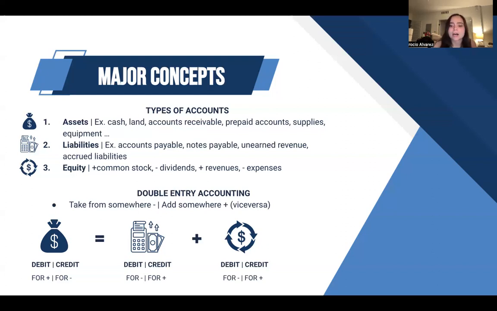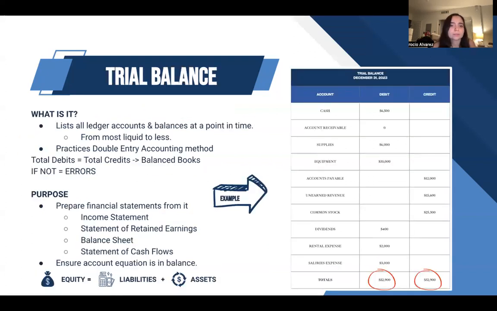Now, how one would track this is what we are going to be looking at right now, which is the trial balance sheet. The trial balance sheet lists all ledger accounts and their balances at a point in time. And this is usually done in a list that presents an order from most liquid to least liquid.